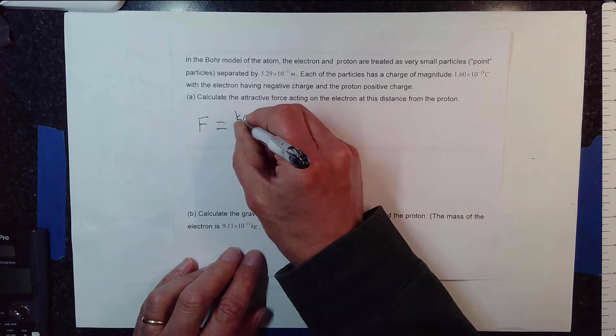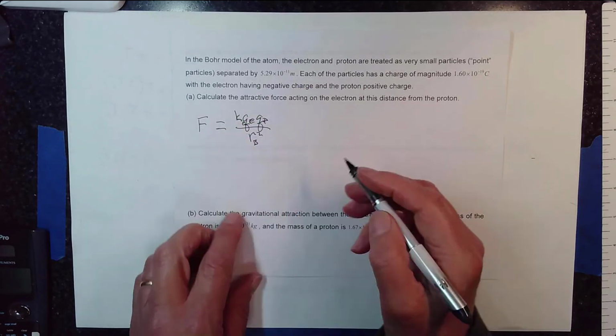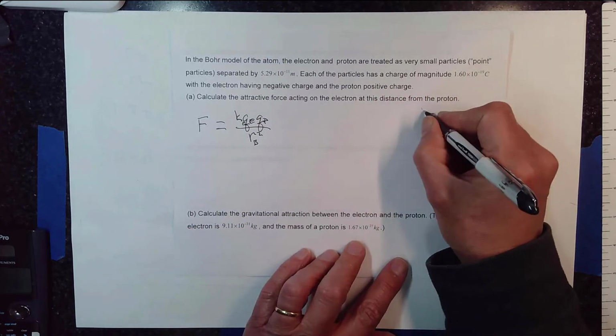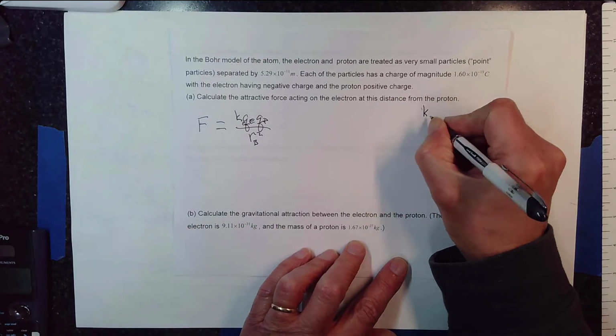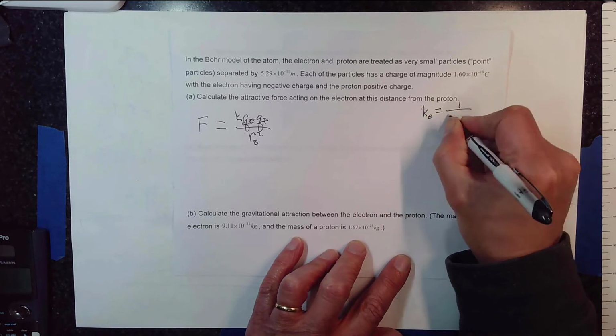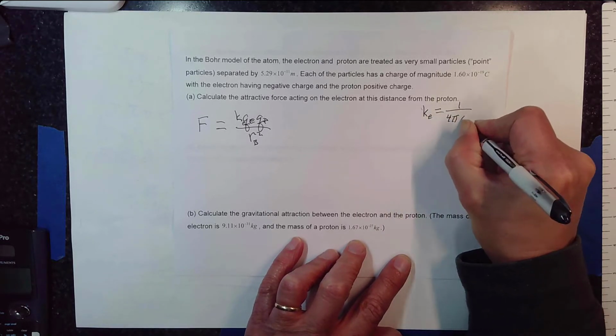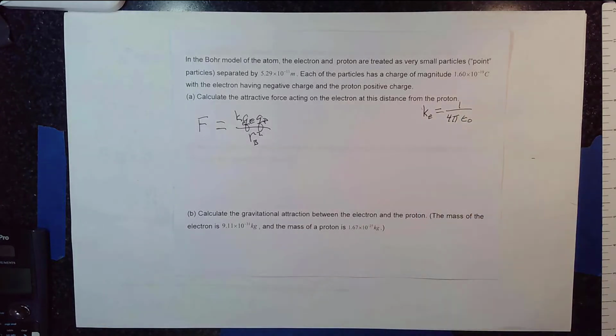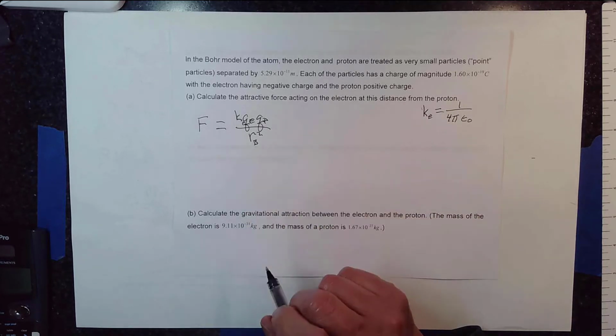By the way, your book puts a subscript of E on the K, and they make note of K sub E actually equaling 1 over 4 pi epsilon naught, and the subscript is to distinguish it from other K's like spring constants and Boltzmann's constant and things like that. So we'll just go ahead and write it this way.